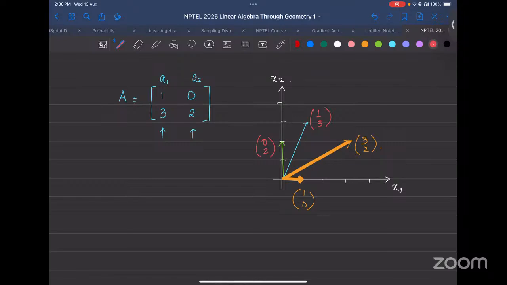Find out what A does to the vector X and what A transpose does to another vector Y. That's the way you do it. So visualizing this is something I really do not like when you ask me for visualization. This is the best we can do. Is that okay?